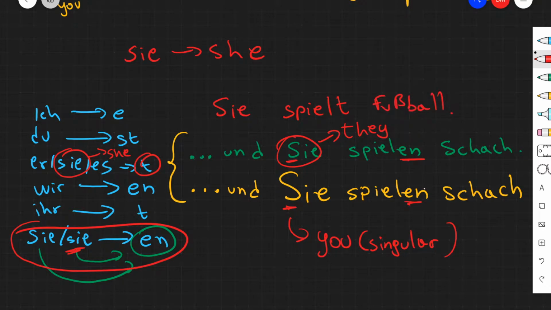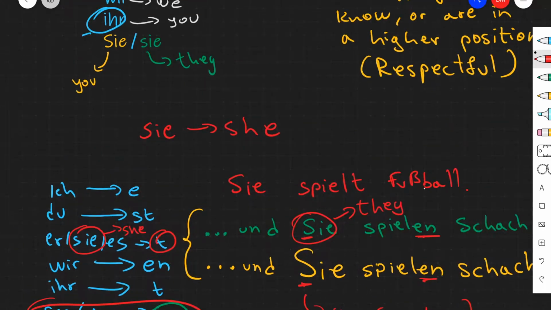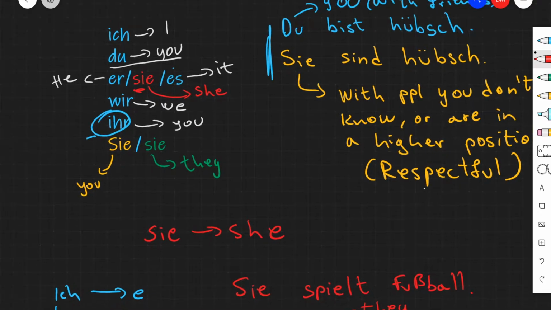So yeah, this is the difference between all the Sies. One with the uppercase S was the respectful way to refer to someone that is a single person, while the lowercase s, when the verb ended with EN, you know that it is they.